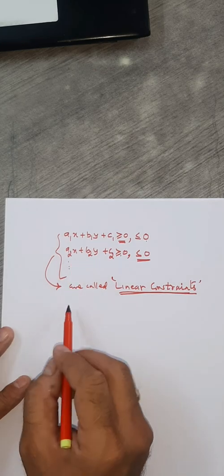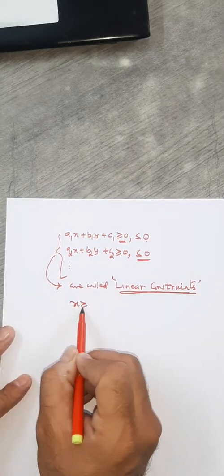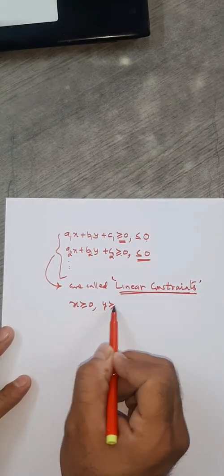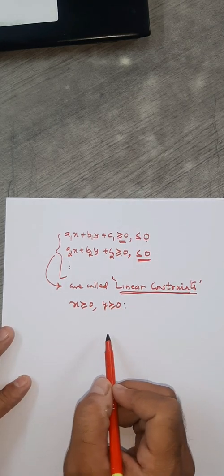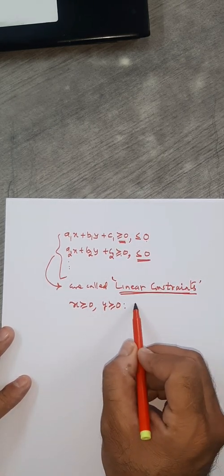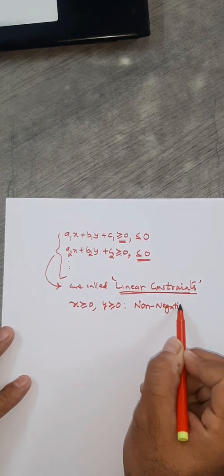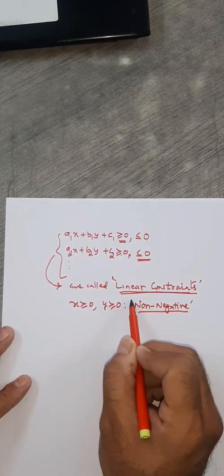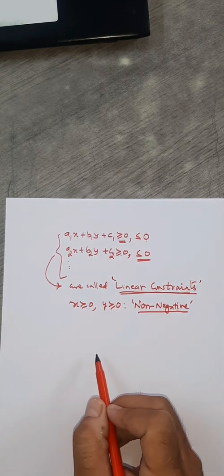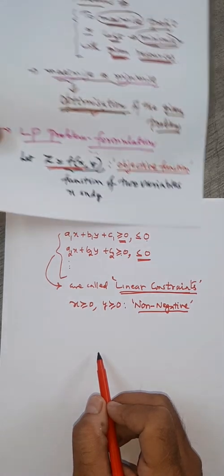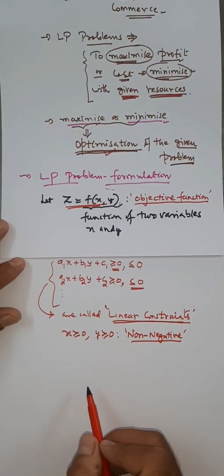And variables x and y are usually non-negative, that is greater than or equal to 0. So this is called the non-negative condition, or non-negative variables. So this is the general format of every linear programming problem. What's the format? This is the format.